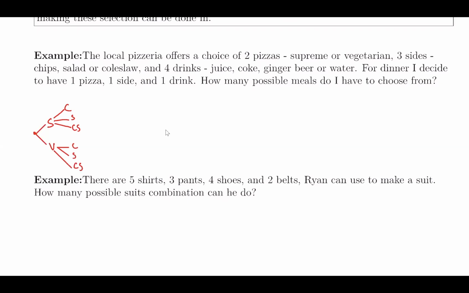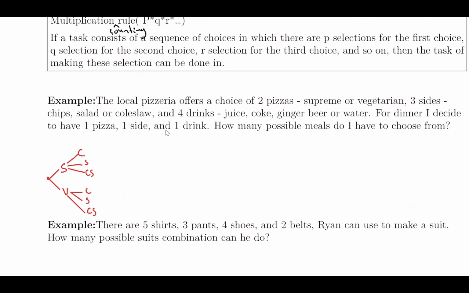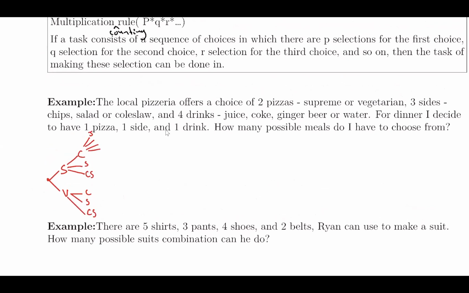But that's not it. Because now we could choose a drink. So how many different drinks can I choose from? So we could choose from 4. This might get a little bit messy. So when we choose our 4, we can either choose a juice, a Coke, a ginger beer, or water.